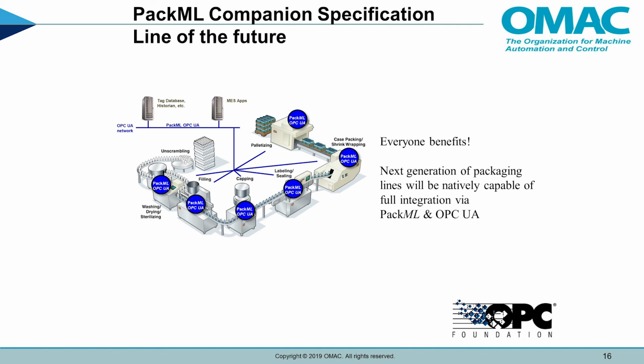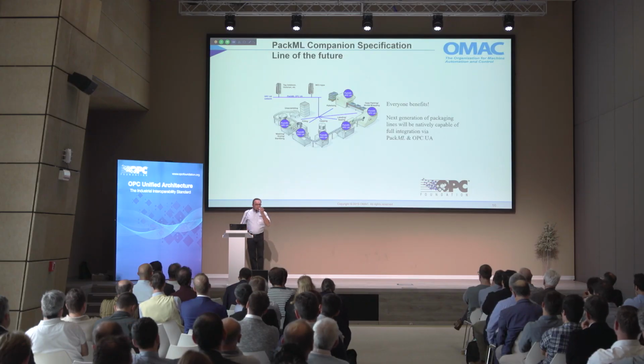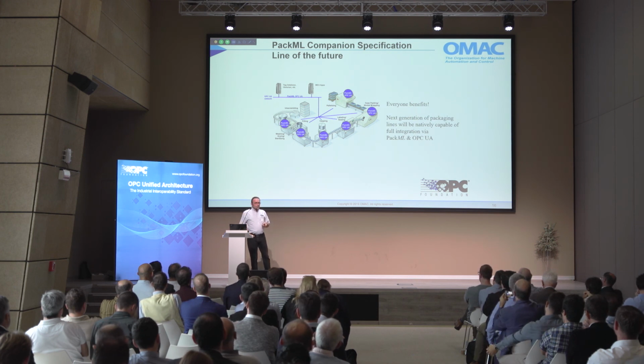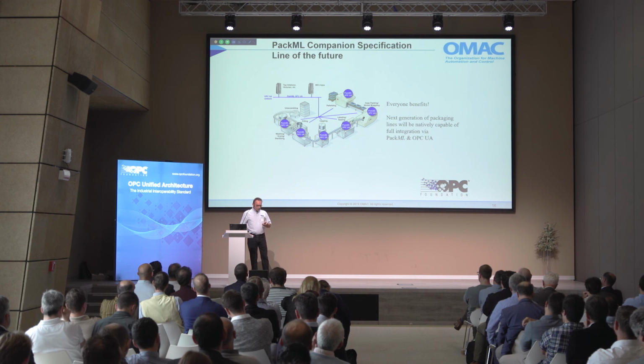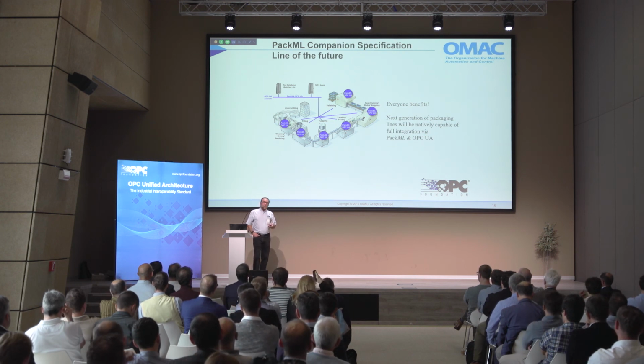And the next generation of packaging lines, I believe myself, I'm more or less a technician, not a speaker, will be natively capable of fully integrated PackML with OPC UA, I believe. And also the state machine, the ISA 88 state machine, is taken over with the Weihenstephaner standard. This is for milk and cheese production, more or less, as Andreas, I think, mentioned before.